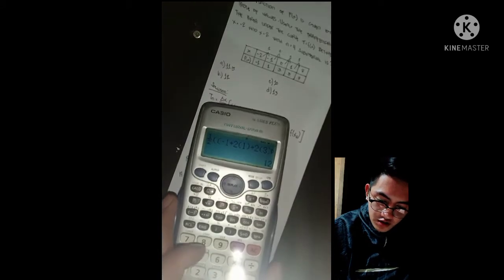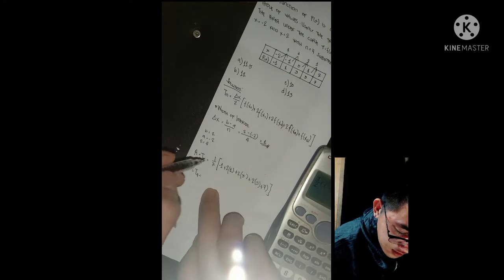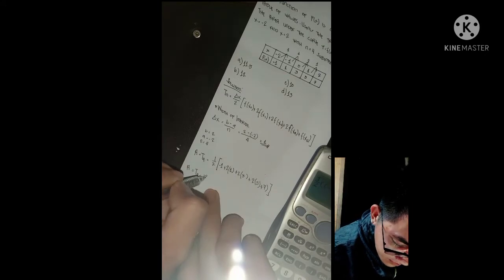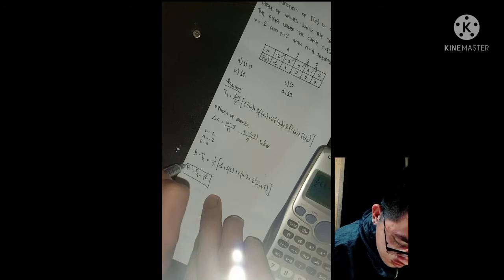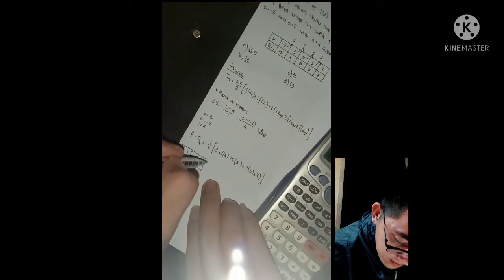So our answer is 12. Our approximate area is equal to 12. So our answer in this problem number 1 is letter B.